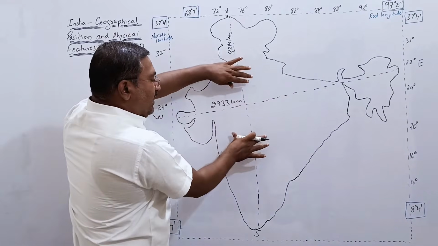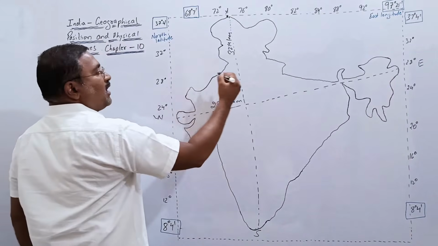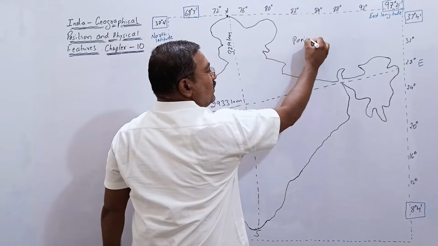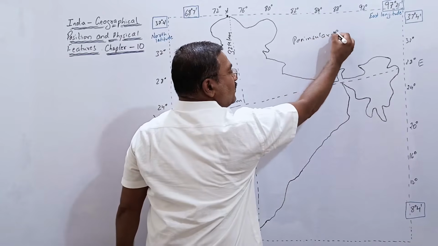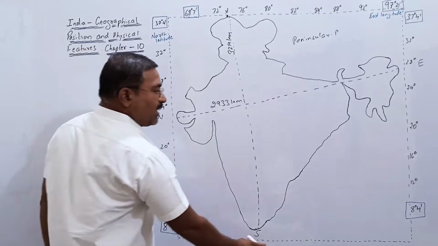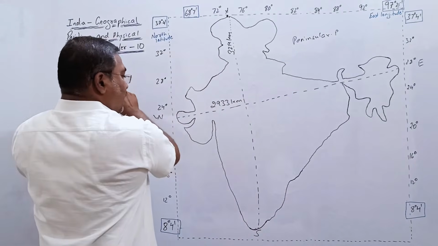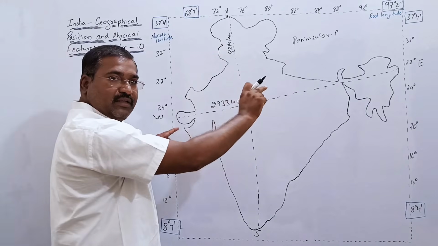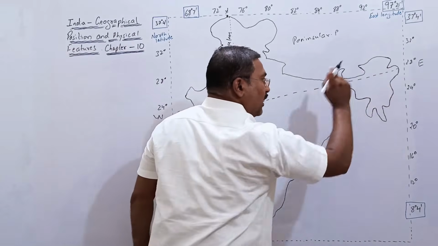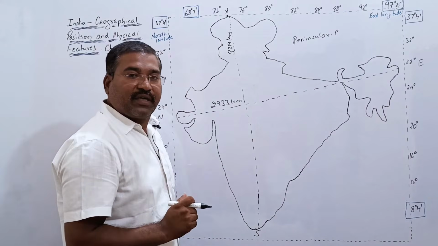The country called India is known by one more name, the peninsular plateau. It is called a peninsular plateau because three sides of the area are covered with water bodies. The line which divides India into two equal parts, we call the 23.5 Tropic of Cancer.